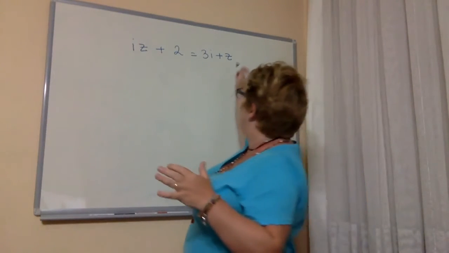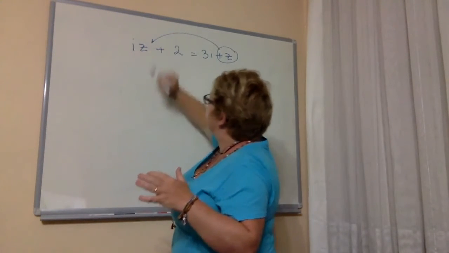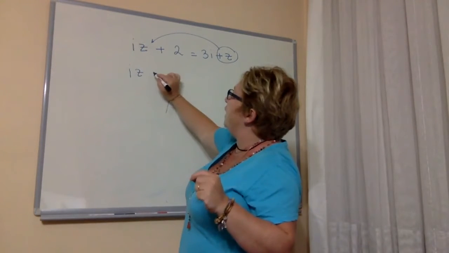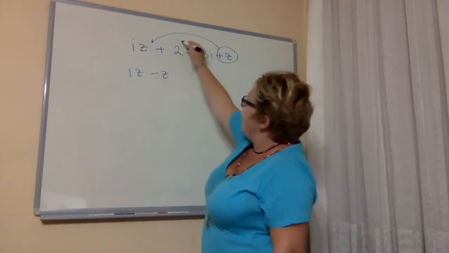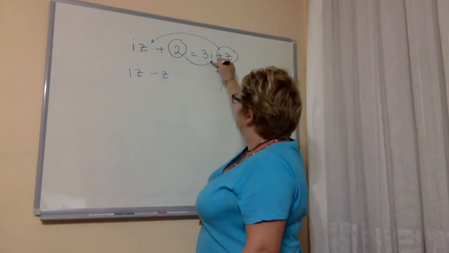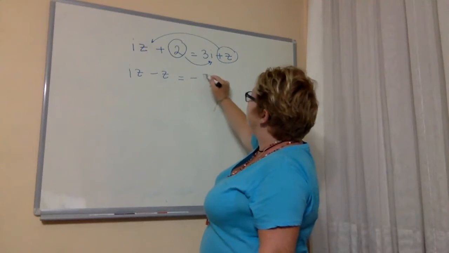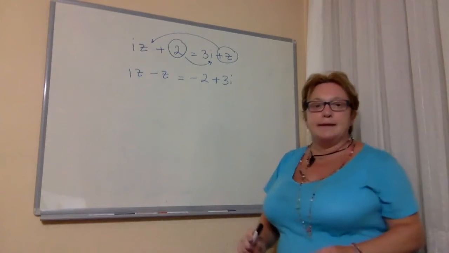So I'm going to put all the terms involving z on one side, which means I need to subtract z from both sides. So I'll have i times z minus this z. And I'll have to subtract 2 from both sides. So I'll have that equal to minus 2 plus 3i on the right-hand side.